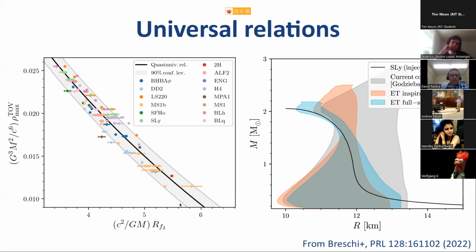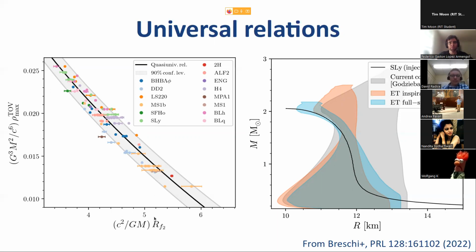So basically what I'm saying is that the different binaries will have different peak frequencies depending on their equation of state and their masses, but all of them will lie on this curve after we normalize the peak frequencies with the mass of the binary and we rescale things in this way, then we find a universal relation. And this includes also equations of state that have phase transitions, hyperons, and quite different nuclear physics.